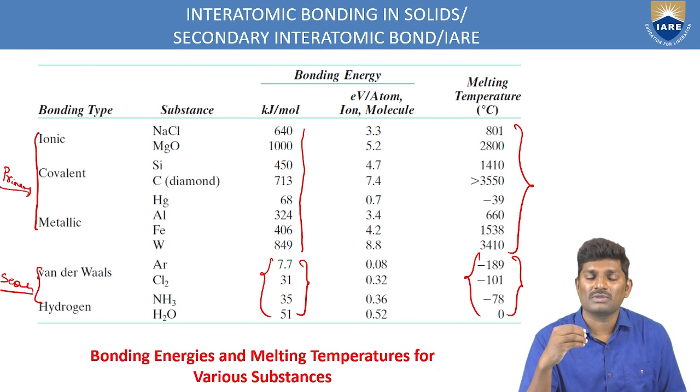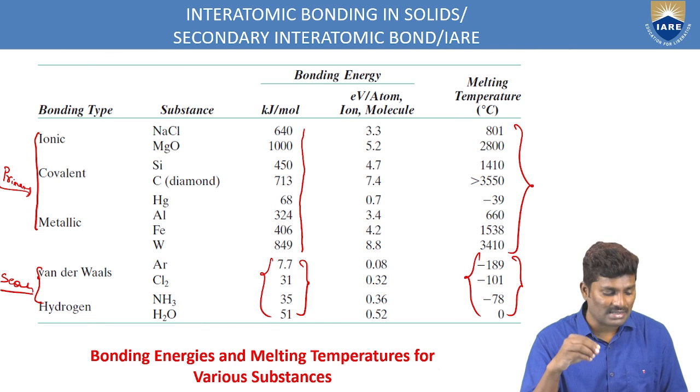So the main cause is what? The dipoles. Because of the dipolic nature in the secondary type of bonding, you have a low amount of bonding energy as well as a very, very low melting temperature. So only the primary bonding type, whether it is ionic, covalent or metallic, gives substances that are very, very useful when you compare with the secondary.